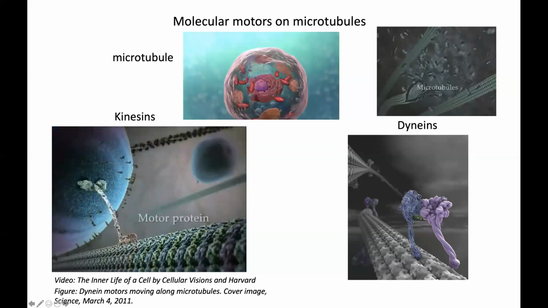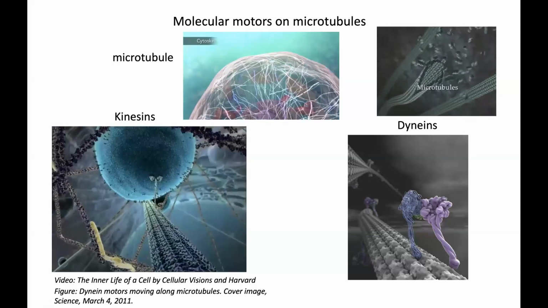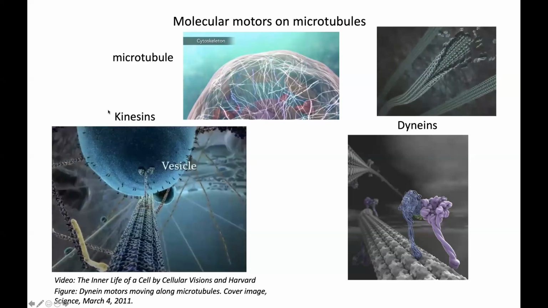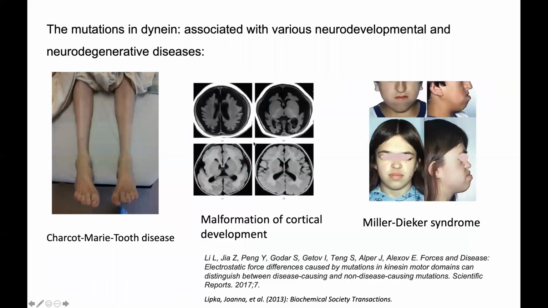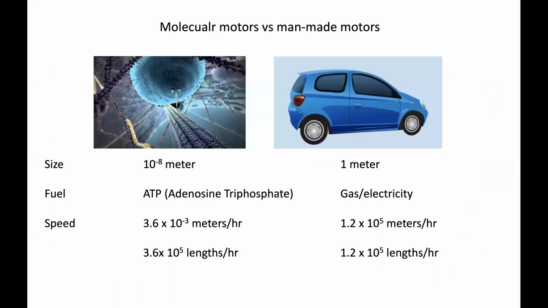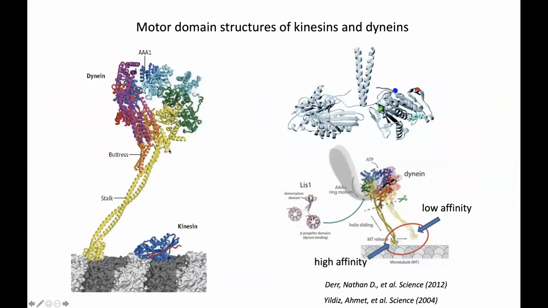Because they're so interesting and so important, let's say I want to do some research on kinesin and dynein, so here let's do some background. What I can do is first download the structure of dynein and kinesin.